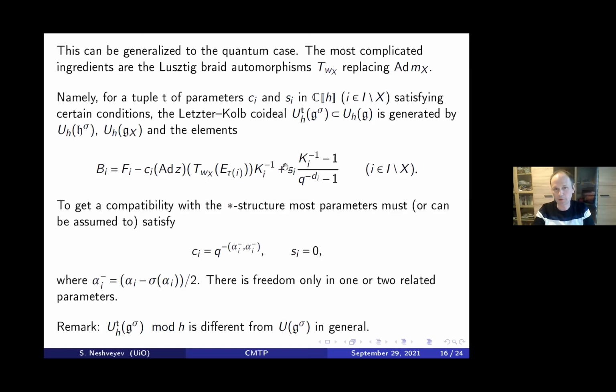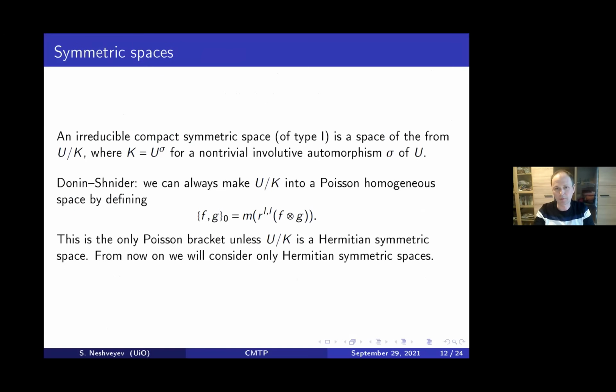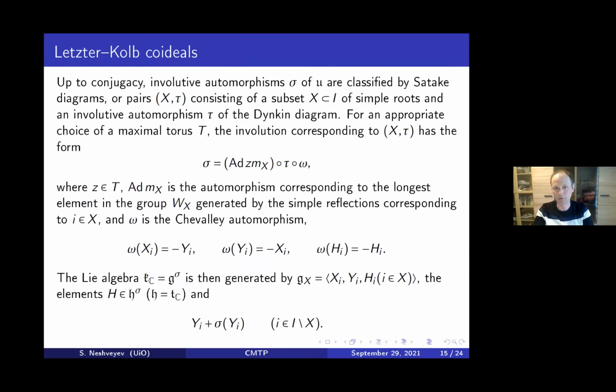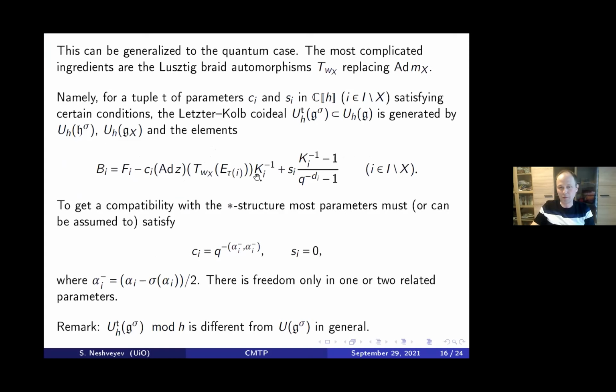So these generators are a generalization of the generators we saw in the Podleś sphere case. But this is much easier because here we don't have these Lusztig automorphisms. But here, the full expression is really complicated if the set X is relatively large.